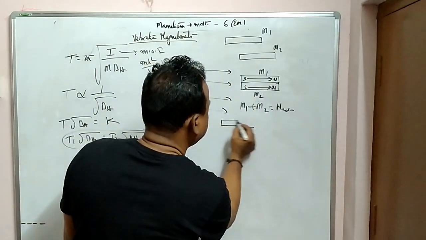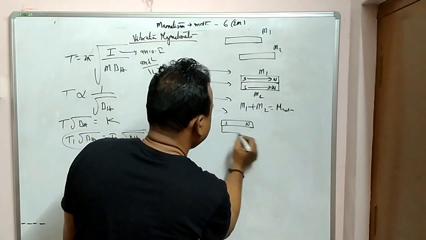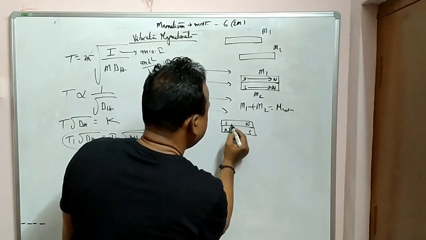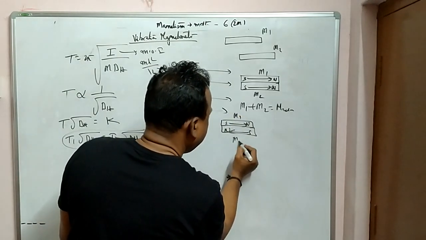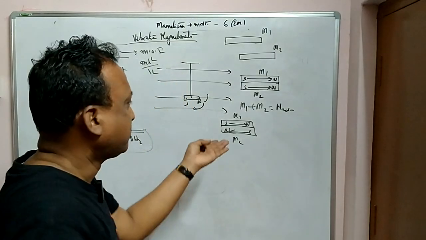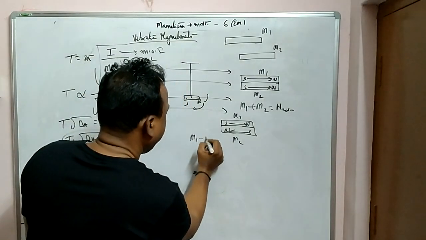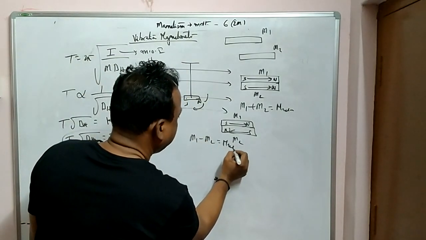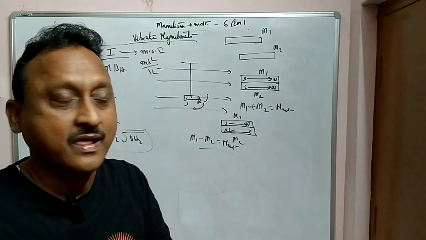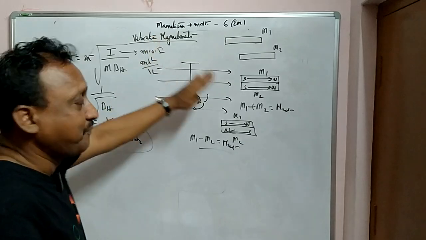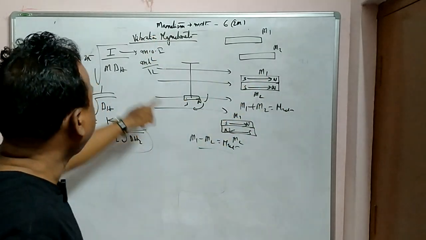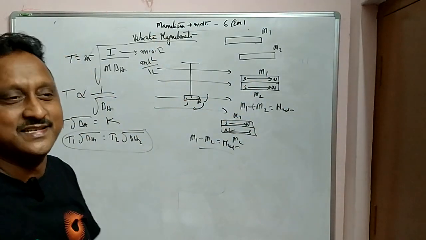Suppose the magnets are in this fashion, south north and south north. Then M1 acts in one direction and M2 in the other direction, so the resultant is M1 minus M2. This is the difference method. Like this you can compare the magnetic moments, by the sum method and the difference method, and thereby you can compare the time periods.